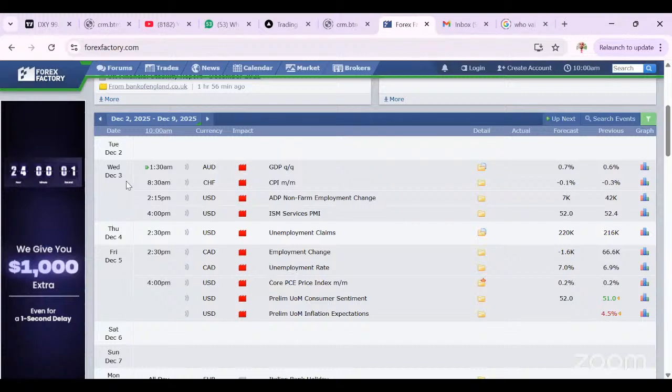So let's be guided. On the AUD side, if you trade AUD, be careful for this 1 a.m. tonight, their GDP. Then tomorrow morning, 8:30, we have CPI on shelf. So figure all this related to the pair you trade.